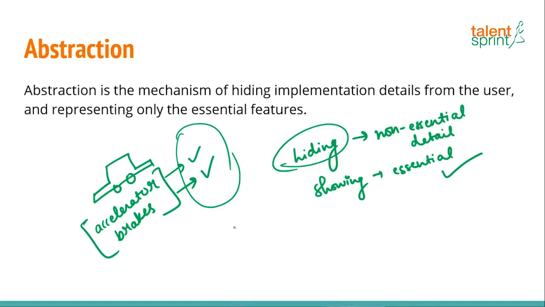Similarly, when you declare a class, there could be some members in your class that need to be shown to the user, that need to be accessible to the user, while there could be some other members that need to be hidden, right? And this feature of hiding and showing the details is achieved in Java by two ways. One is abstract class and the other is an interface.